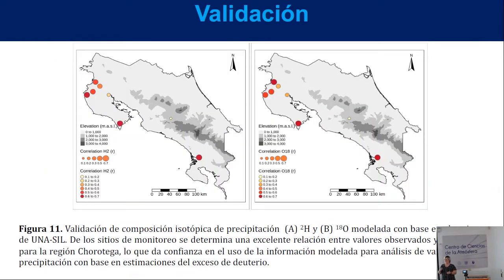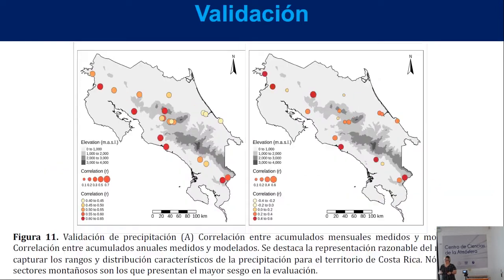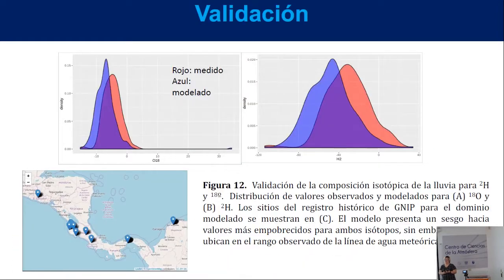Because remember, we are asking for very particular, very precise information, at a very high resolution, because the comparison is made with monthly information, which is what the International Atomic Energy Agency uses in GNIP, but we are telling the model, I want to know if your daily isotopes are good or not. And the daily scale is satisfactory, and these were the measurement points used for the assessment.